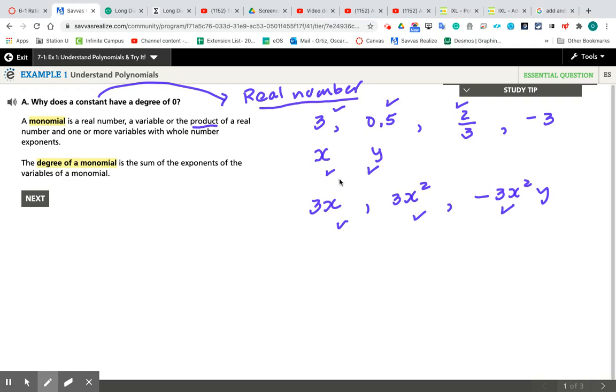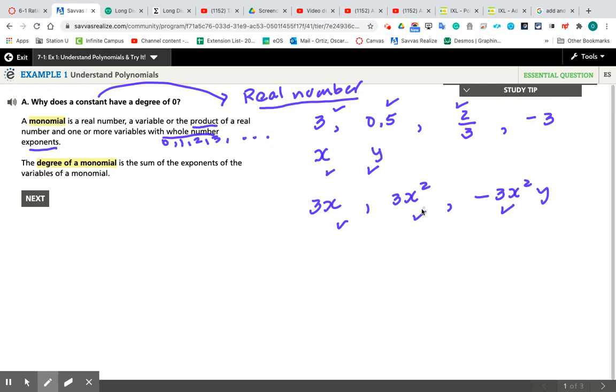So as you can tell, monomials always have numbers, because here there is a 1 and here there is a 1, but they could be without variables. They could have more than one variable. The important thing is that their exponents have to be whole numbers. So please remember, the whole numbers are 0, 1, 2, 3, and so on.